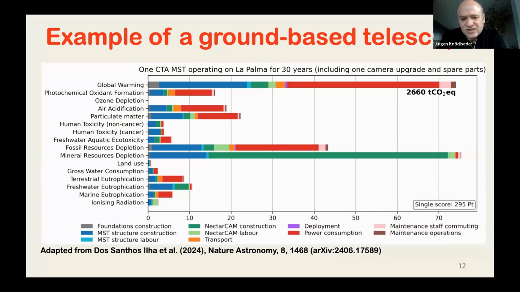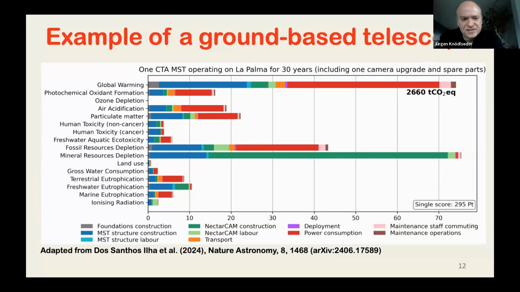Nevertheless, since there's a standard, you can use it and make things comparable. That's what's behind this score. You can add up the different bars to get a single score, which is indicated here, almost 300 points. So the environmental impact of construction and operation of this telescope is something like 300 humans per year.